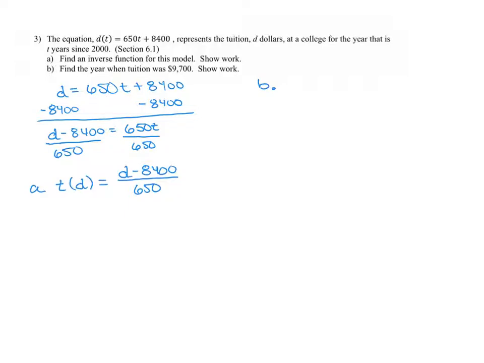You just have to make sure that wherever you're putting it in, it is for D. I'm going to use the inverse function. I'm going to replace my D with 9,700.